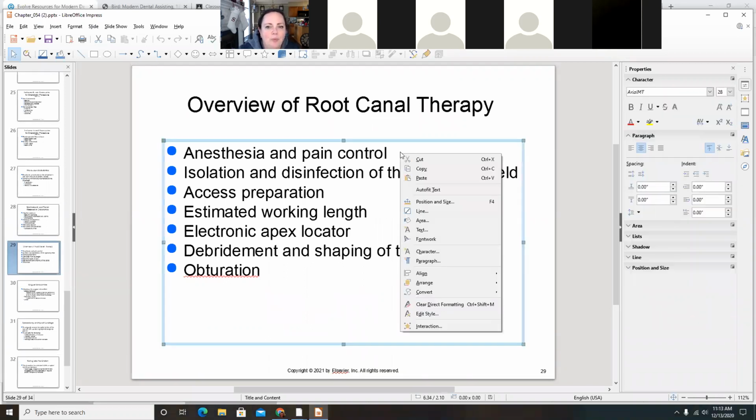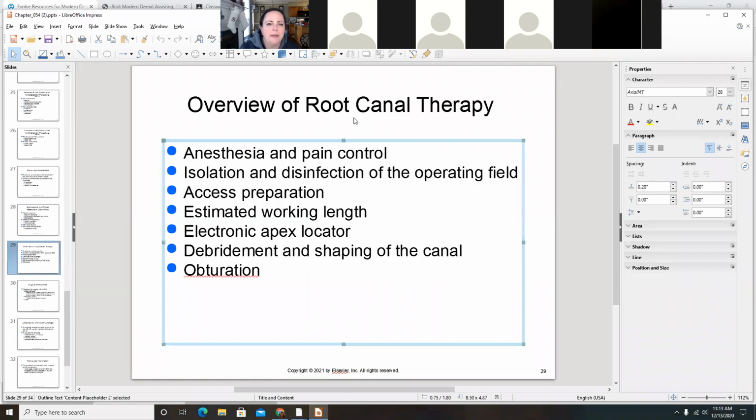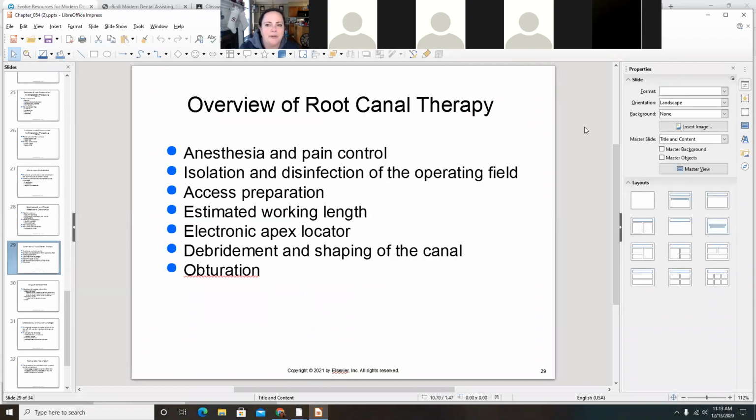Anesthesia and pain control. What can be a problem when you're doing a root canal? If there's an infection in the tooth, what is it hard to do? Get the patient numb. Yeah, it's hard to get the patient numb, not only in this procedure, but in any procedure, right?